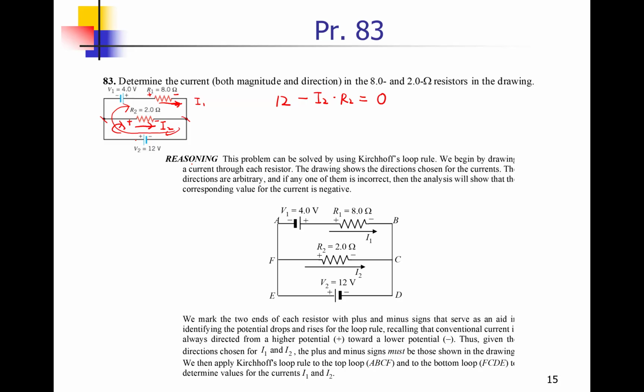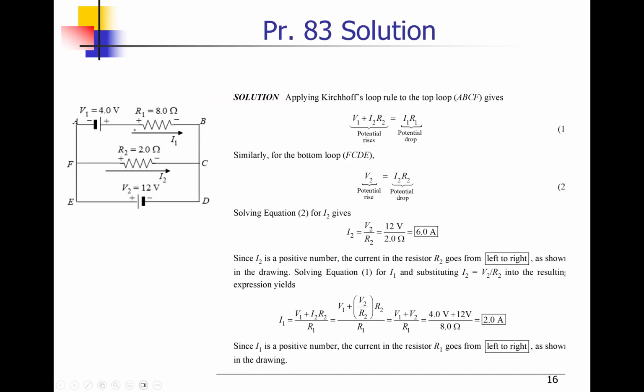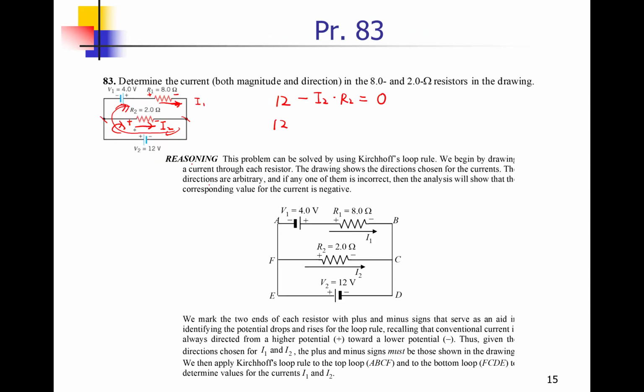From negative to positive, this is 12 volts, but this 4 volts, you see the loop here is also a potential drop. Let me erase this little thing. We are going to take a look at the bigger loop. From negative to positive, we are going to have a potential rise of 12 volts.